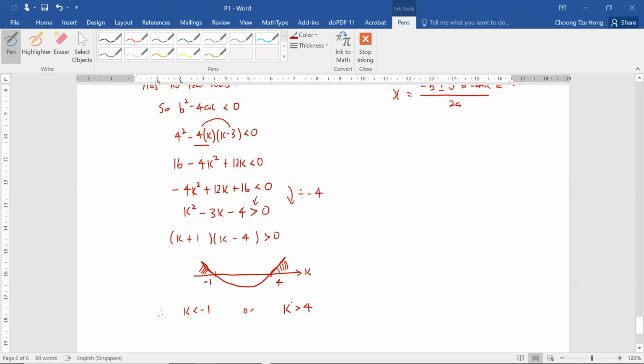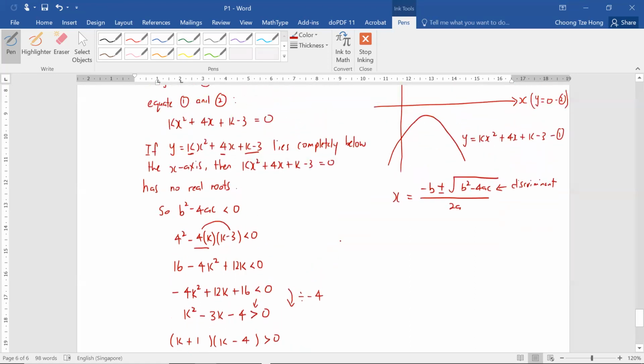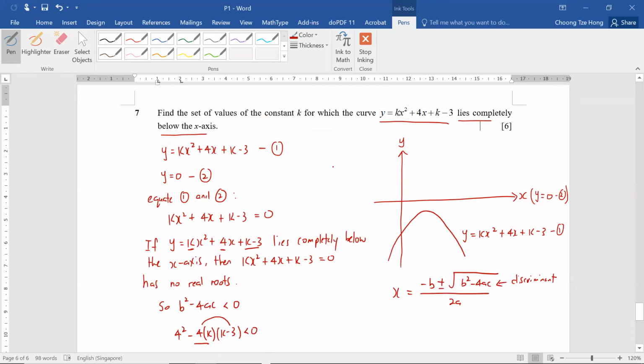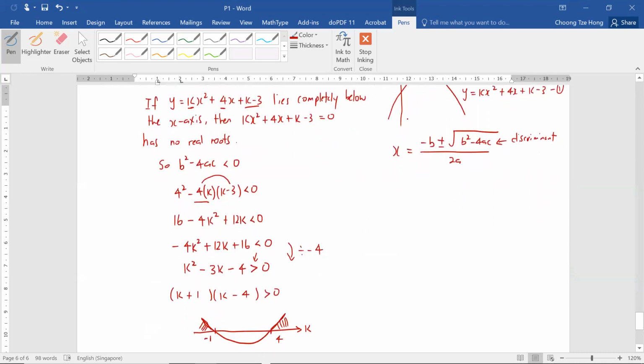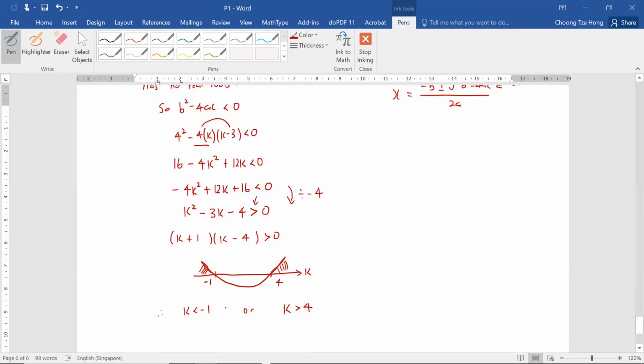Whenever you obtain any solution, you need to check whether both sets are valid. So k less than negative 1, is it okay? Remember k is the coefficient of x squared of the original quadratic equation. Since it is always a sad face curve, k has got to be a negative number. So k less than negative 1 is all right.